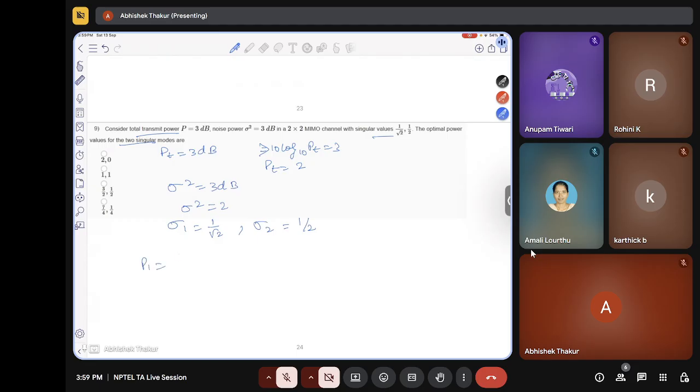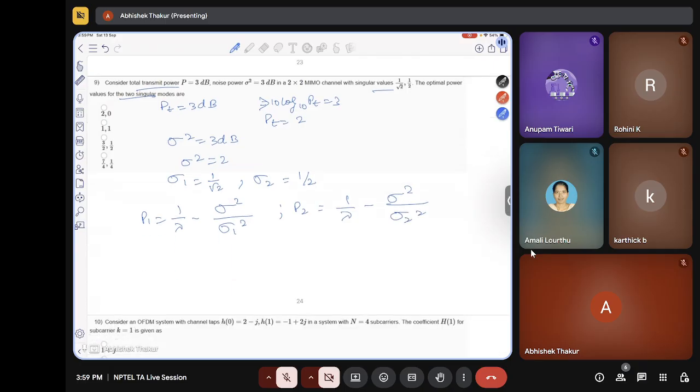So P1 is equal to 1 by lambda minus sigma square by sigma 1 square, and P2 is equal to 1 by lambda minus sigma square by sigma 2 square. So we'll use the same formula, and P1 plus P2 is equal to 2.